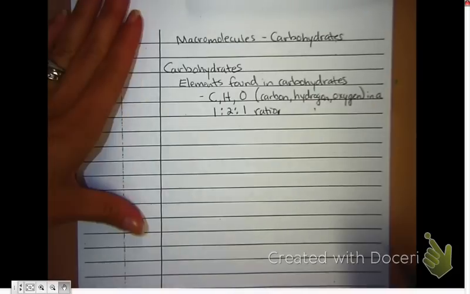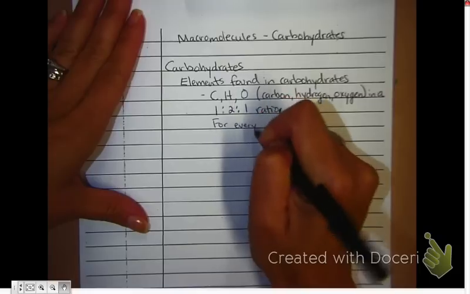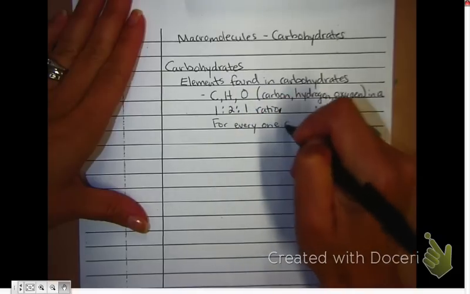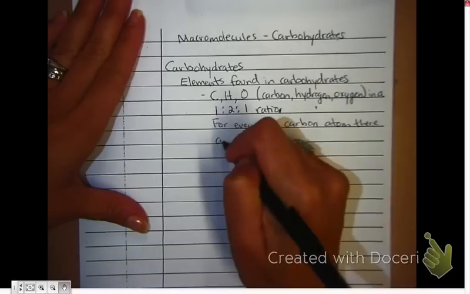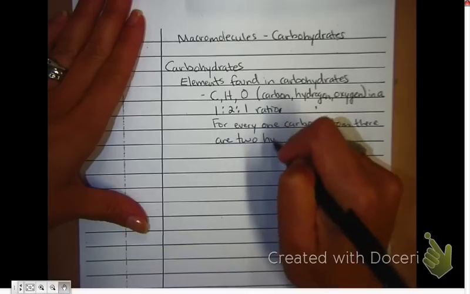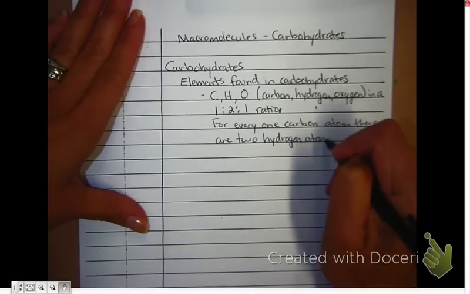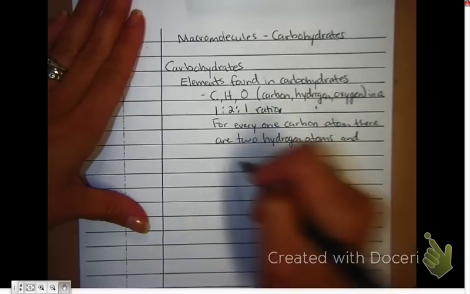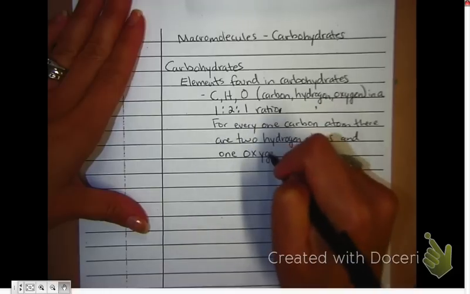That means for every one carbon atom, there are 2 hydrogen atoms and 1 oxygen atom.